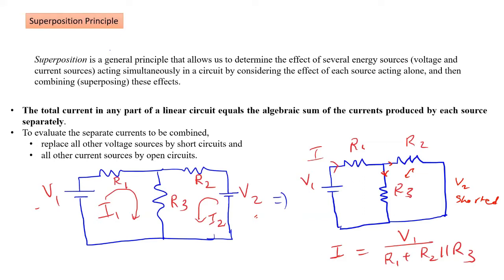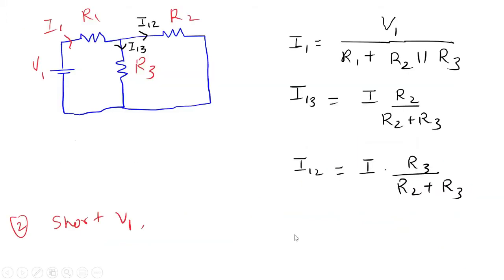So the total current is given by I equal to V1 divided by R1 plus R2 parallel R3.